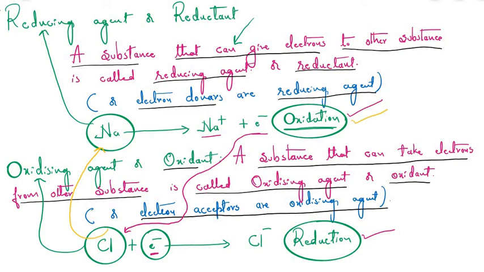So I can write that chlorine is an oxidizing agent, and similarly sodium is the reducing agent. Sodium is making chlorine undergo reduction and behave as an oxidizing agent. So whenever I say Cl, I have to take Na into consideration, and whenever I express Na, I have to take Cl into consideration. Is it clear, students? Both are very, very important terminologies, the reducing agent and the oxidizing agent.